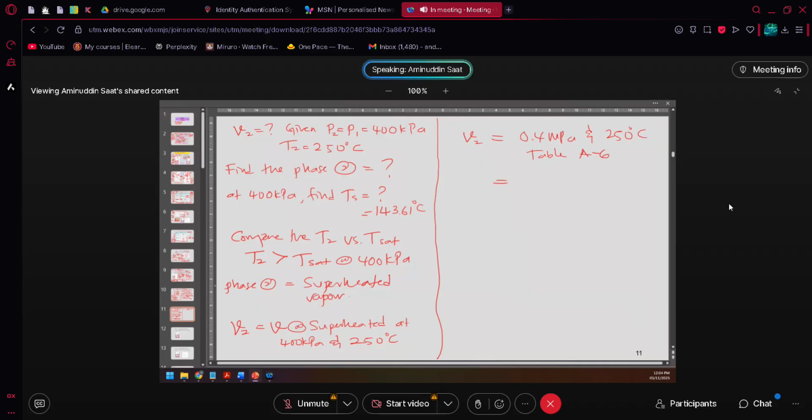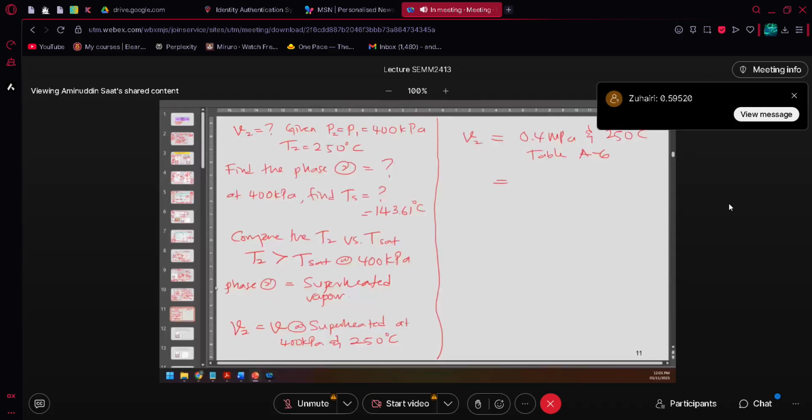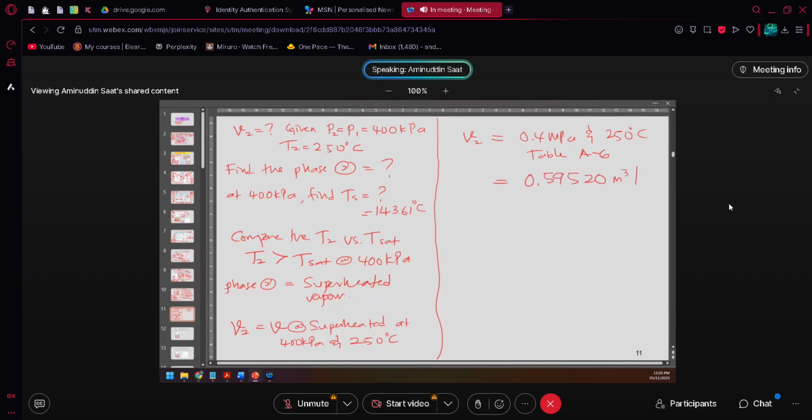So what is the value? Okay, thank you. 0.59520 meter cube per kilogram. So that is your answer for V2.